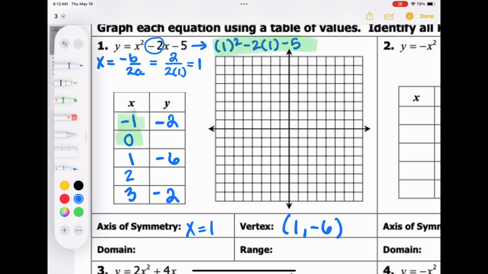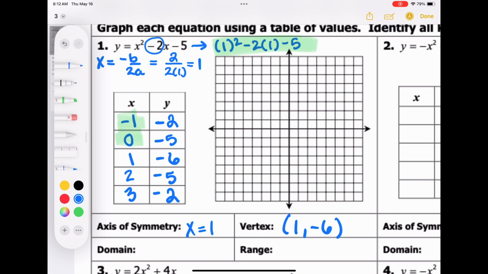And remember, quadratics are symmetric, so whatever I get for the top, I also get for the bottom. So that tells me that 3 is negative 2. Now I'm going to type a 0 in, which will give me negative 5, and that will also be the answer for 2.